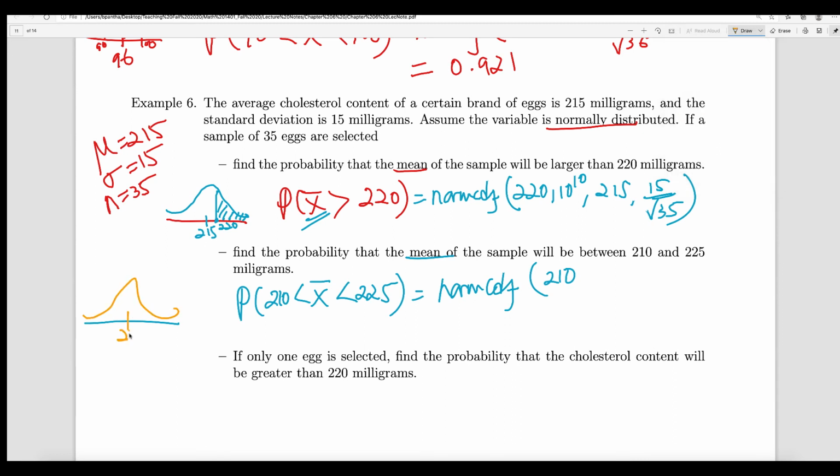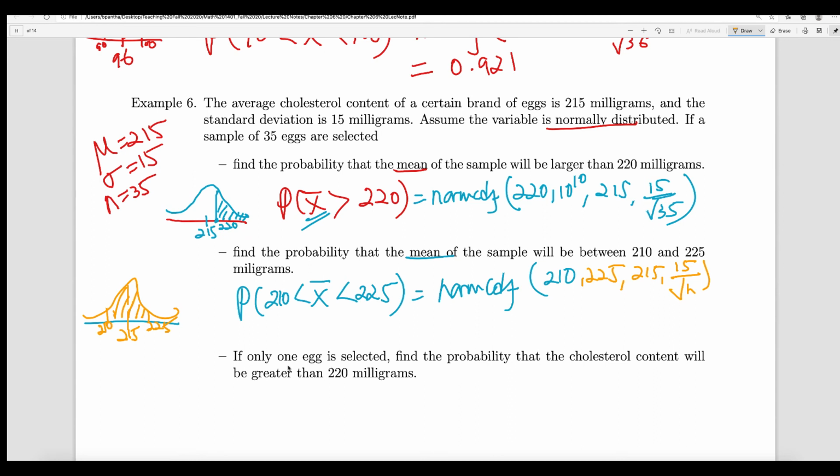The mean is 215, between 210 and 225. That's what you are trying to find out, that area. 210, 225, right? The mean is 215. Sigma is sigma over root n. The standard deviation is sigma over root n. Okay, so what do you get? You use the calculator for that.